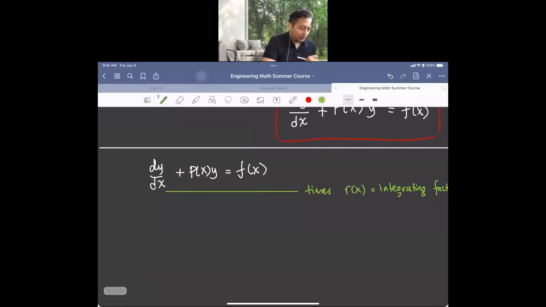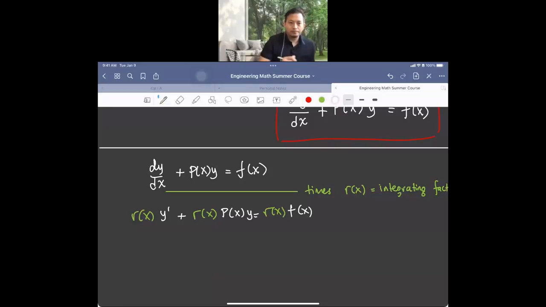So we are going to have r(x), let me write dy/dx as y prime to make it easy, r(x) y prime plus r(x) p(x) y equals r(x) f(x).